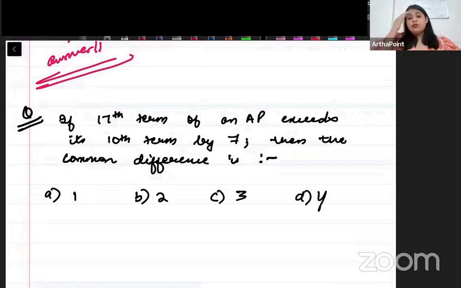So the 17th term of an AP exceeds the 10th term by 7, then the common difference is. Take a moment, try to do it yourself, then I will do it for you.